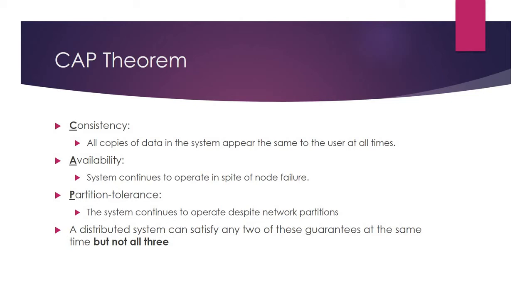And partition tolerance requires that the system continues to operate in spite of arbitrary message loss. Such an event may be caused by something like a crashed router or a broken network link, which prevents communication between groups of nodes.